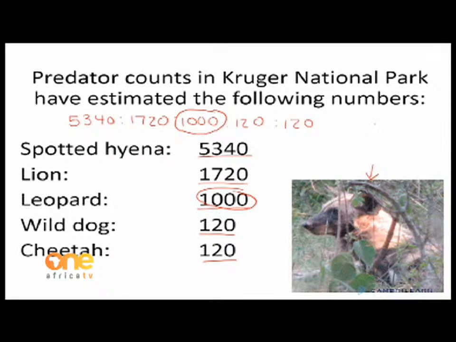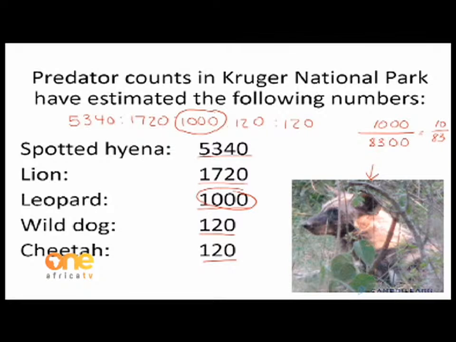And we need to take our interesting number and put it over the sum of all of them. So 5,340 plus 1,720 plus 1,000 plus 120 plus 120 gives us 8,300. So we can simplify that. That's the same as 10 out of 83.